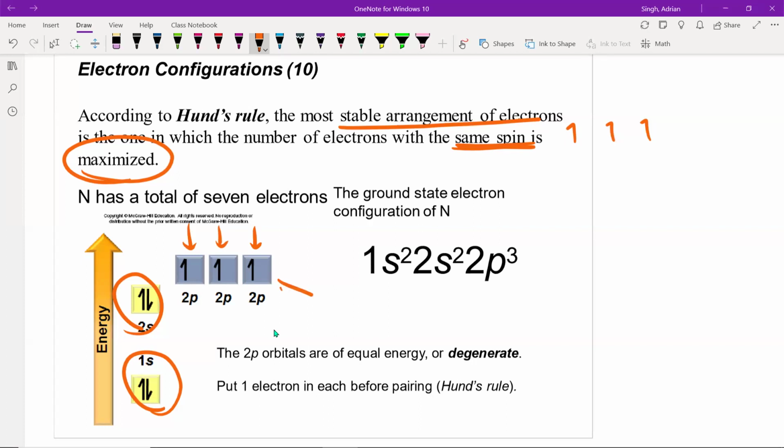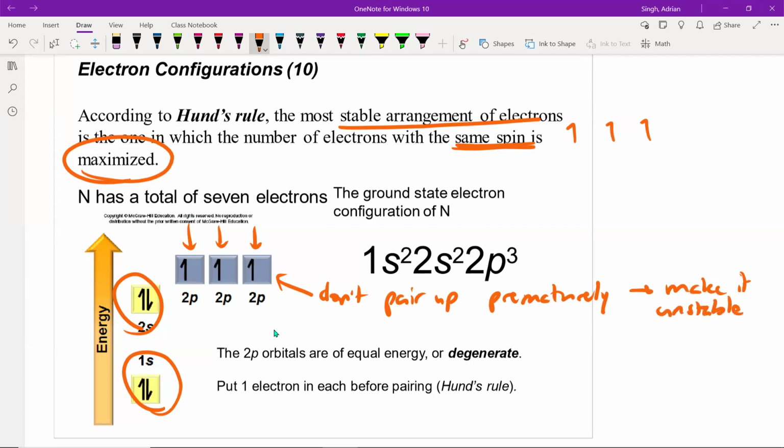So we don't pair up these electrons prematurely, because that would make it unstable. Instead, we maximize the same spin, spin up in this case, and that's more stable.